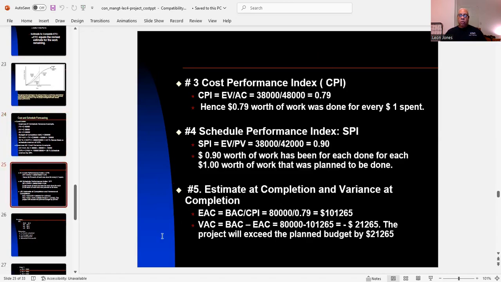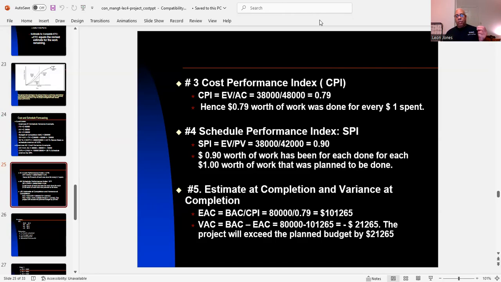All right, cost performance index. CPI equals EV divided by AC. So you have 38,000 divided by 48,000, and you get 0.79. Well, what does that mean? Well, that means for every $1 spent, you get 79 cents of work. That's what that means. Now, when we have our schedule performance index, we end up with 0.90.